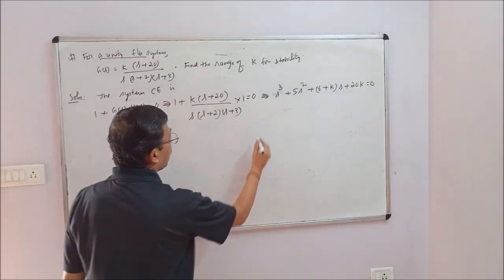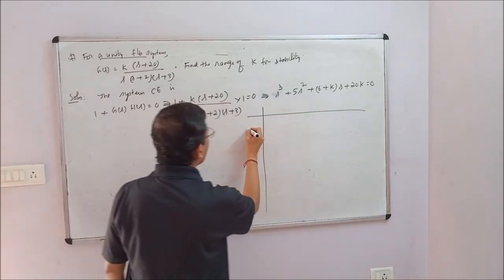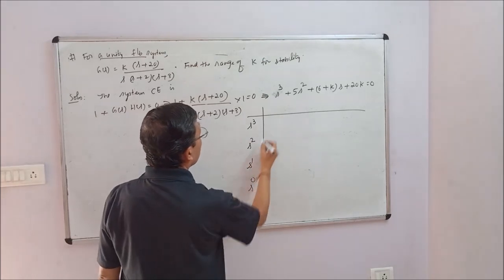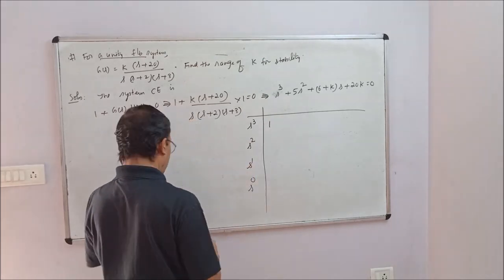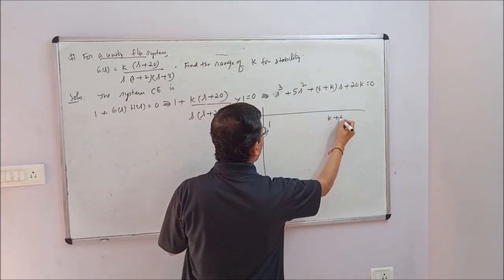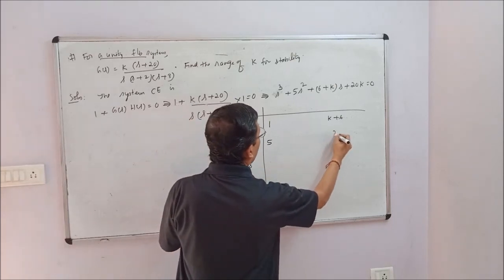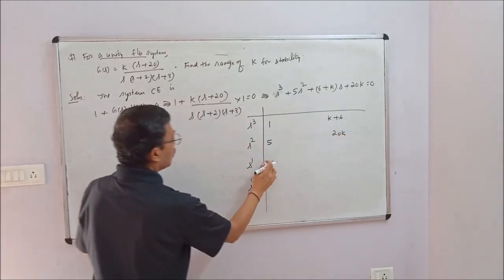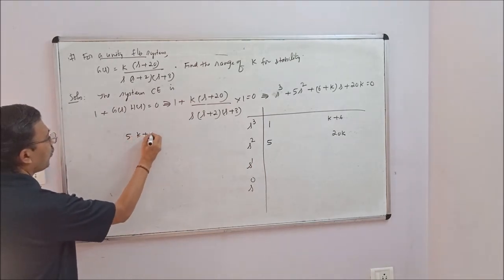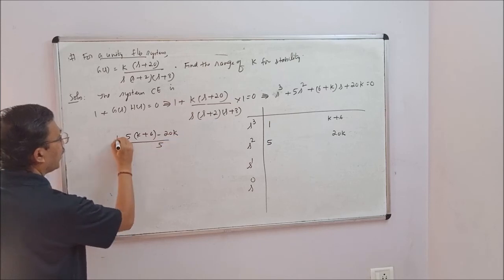I'll formulate the roots array. This is S cube, S square, S to the power 1, S to the power 0. 1 is the coefficient of S cube. Coefficient of S to the power 1 is K plus 6. Coefficient of S square is 5. Coefficient of S to the power 0 is 20K. So what is this element? This element is 5 into (K plus 6) minus 20K divided by 5.